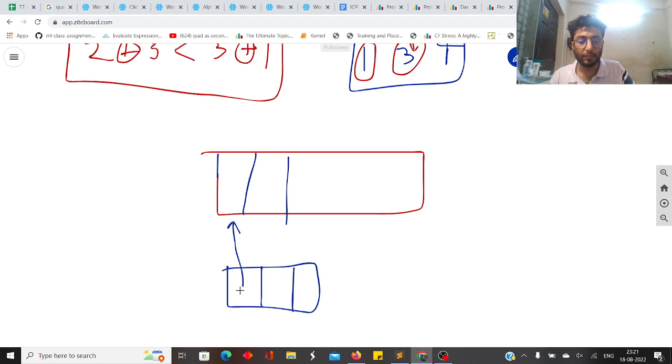So let me say that this is x and this is y. These are the array indices 0 1 2, and somewhere over here is x, and somewhere there is y, up till n.